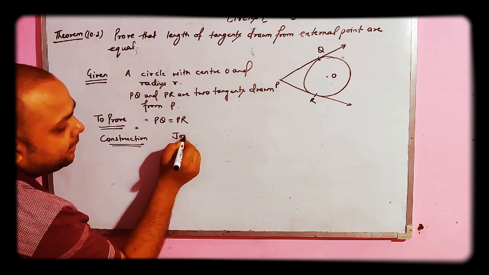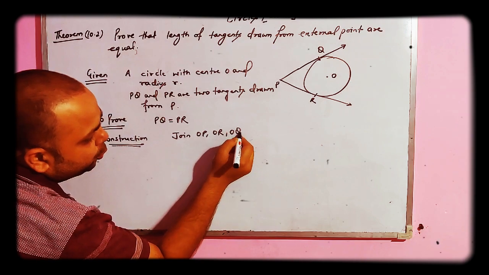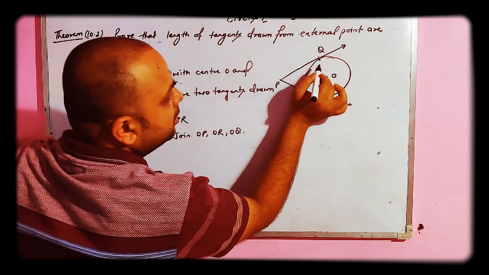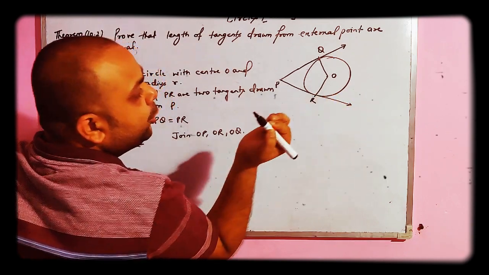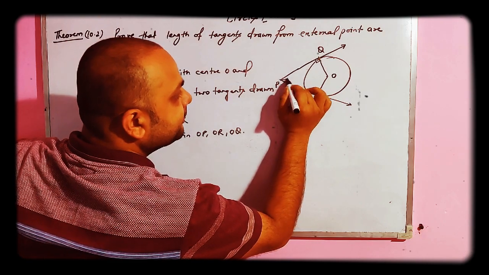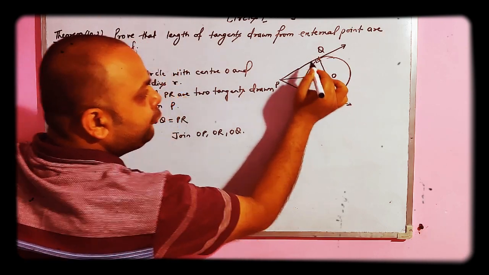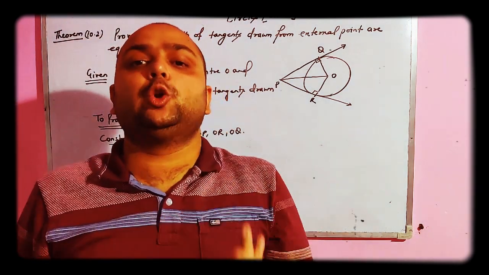We will join OP, OR, OQ. Now we know that the angle at the point of contact is 90 degrees. So now we have two triangles and we can prove this using the concept of congruency.